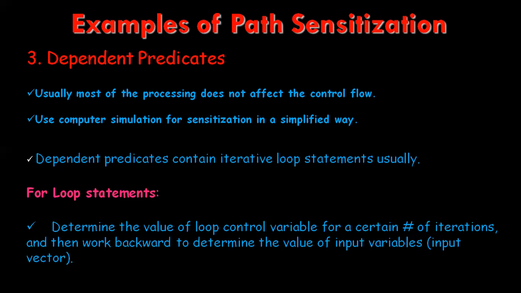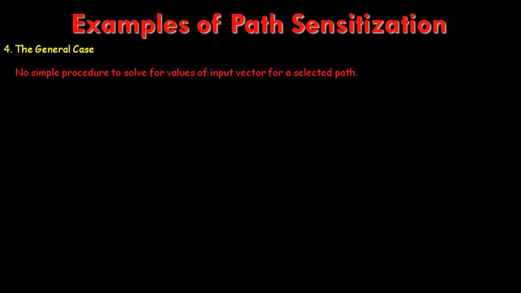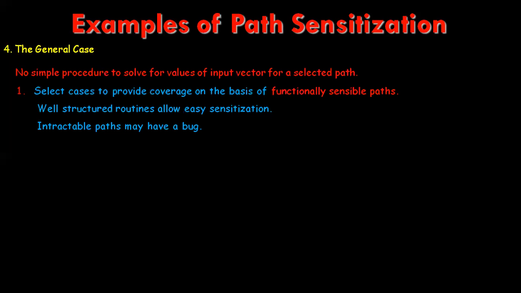Now, coming to the fourth one, that is the general case. In the general case, there is no simple procedure. It is easy to state the steps involved, but much harder to accomplish them. We have to select the cases to provide coverage on the basis of functionally sensible paths.